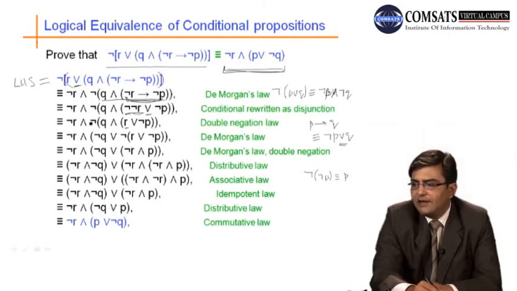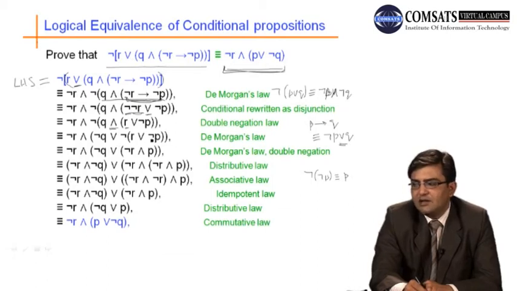Now here we can apply the negation or De Morgan's law. Here we have the negation of Q and this expression. By using De Morgan's law, we can write not Q, this conjunction operator will be converted to disjunction, and we apply not here.